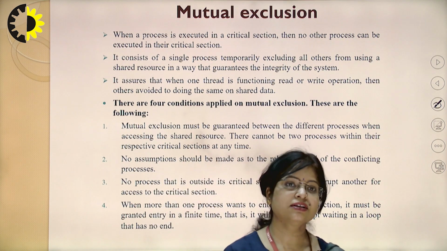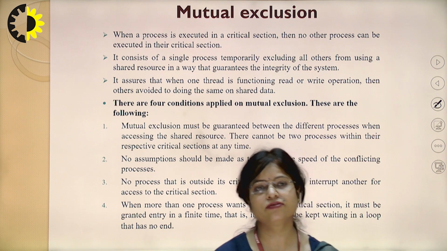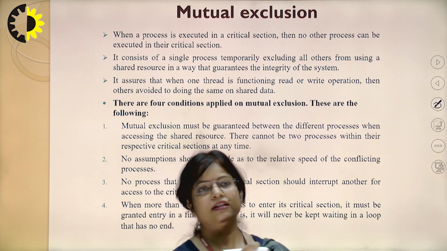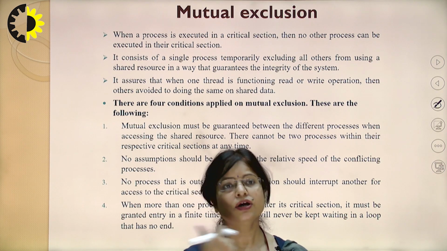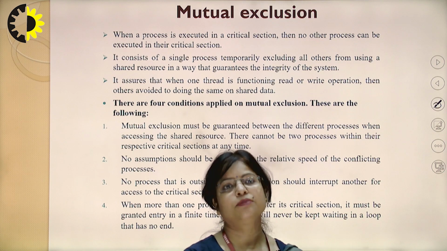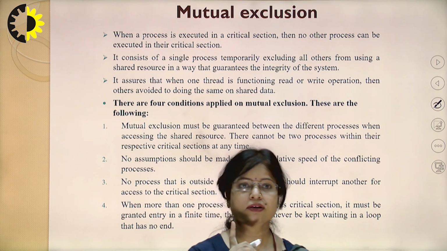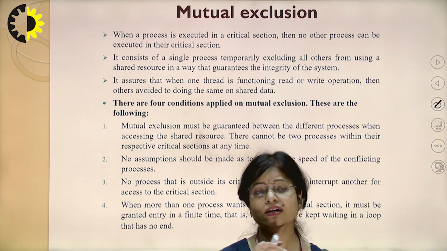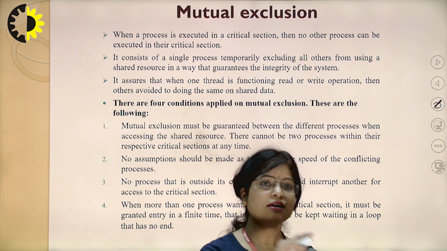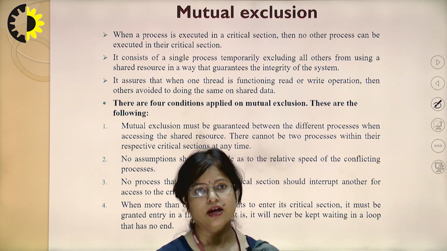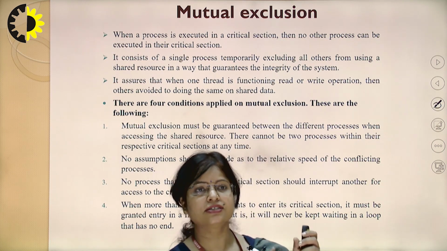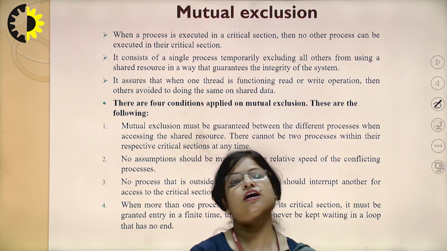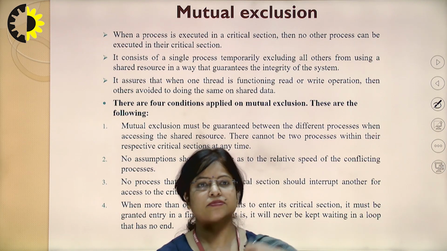To understand mutual exclusion, we can take an example: when one faculty is in a classroom, no other faculty can teach the same class at that time. Only one faculty at a time can teach the students in that particular class. So this is the example of a critical section: the critical section here is the class, and mutual exclusion means only one faculty is allowed to teach the students at a time.